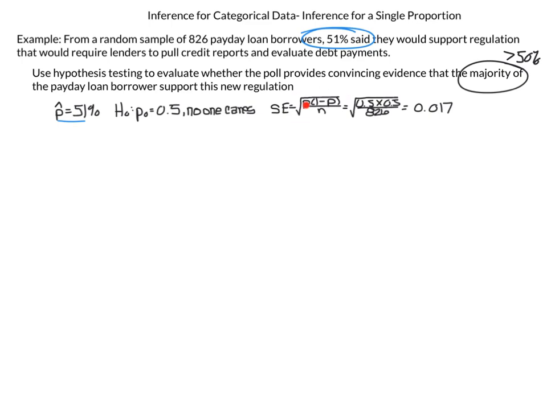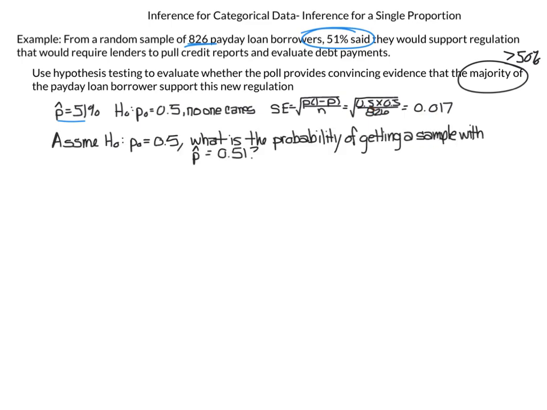Again, for hypothesis testing, we're going to assume H naught is true, which means p we're going to assume is 0.5. So it's going to be 0.5 times 1 minus 0.5, which is also 0.5, over n, the size of the sample, which is 826, so we'll get 0.017.